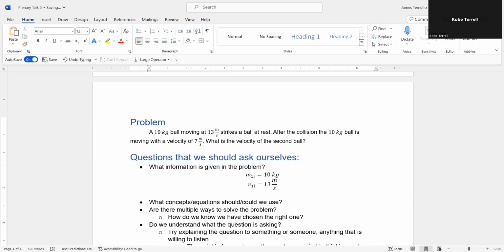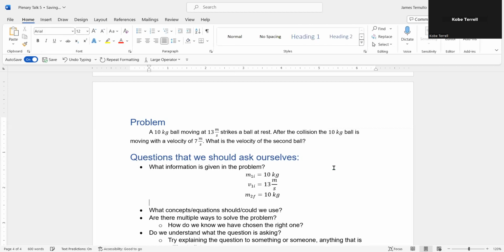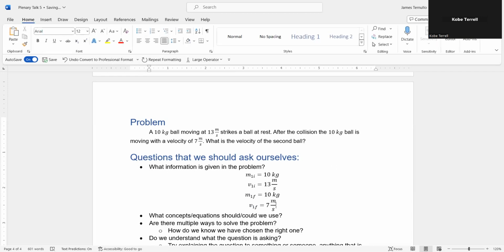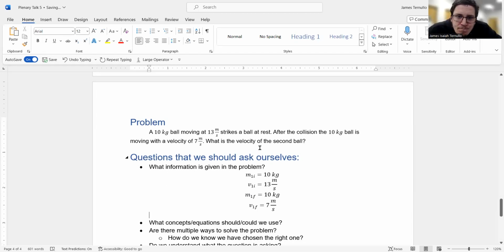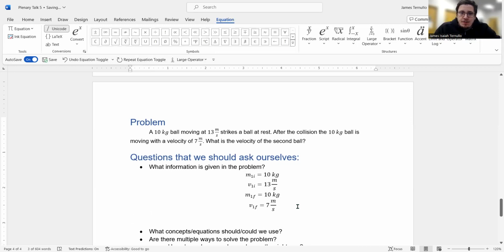We are told that the final velocity of the 10-kilogram ball is 7 meters per second, and we're not given any other information numerically. So how can we solve this problem?